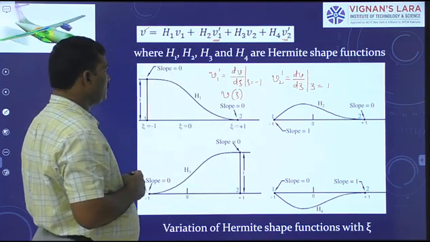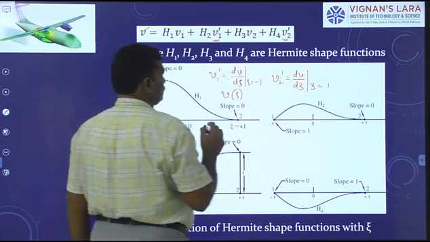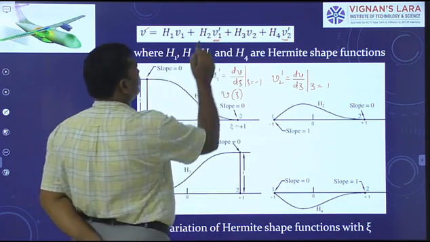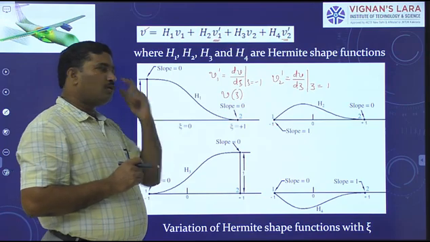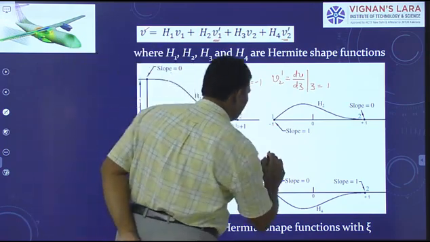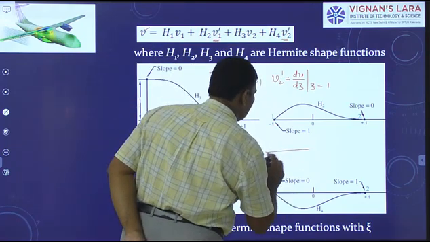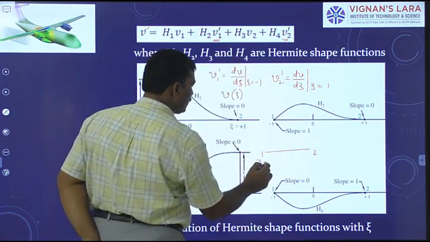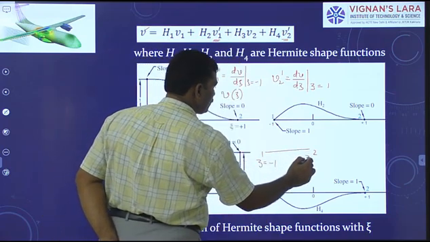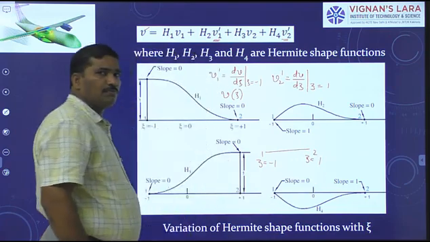Remember? Right? Because what does V1 dash represent? The slope of the beam at node 1. If you consider a beam element like this with nodes 1 and 2, at node 1 J equals minus 1 and at node 2 J equals plus 1.